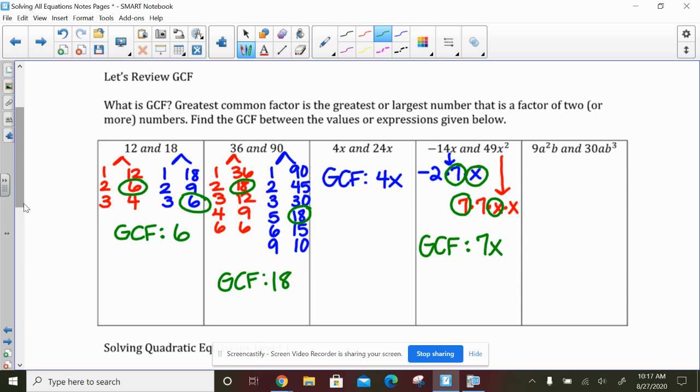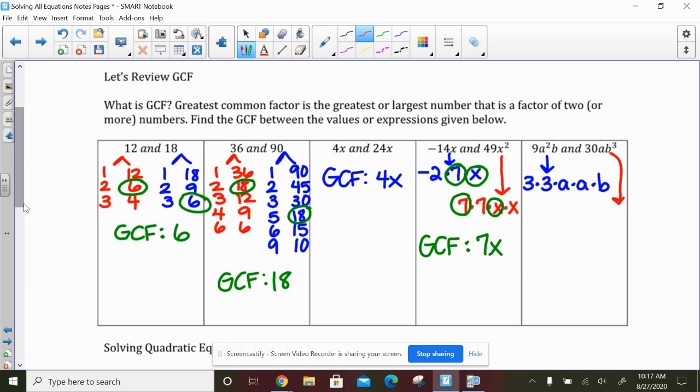Okay, I'm going to do that same sort of thing on this last one. So you can kind of do these all a little bit different. You pick your way. So 9 is 3 times 3. A squared is A times A. And then we have a B. Right, and then 30.